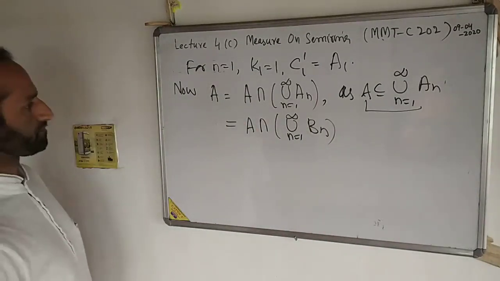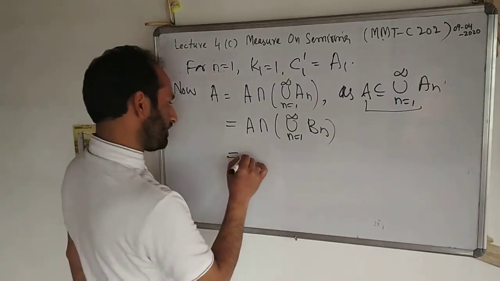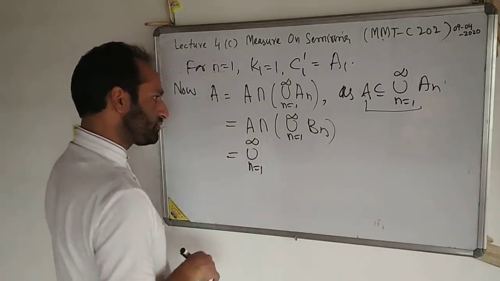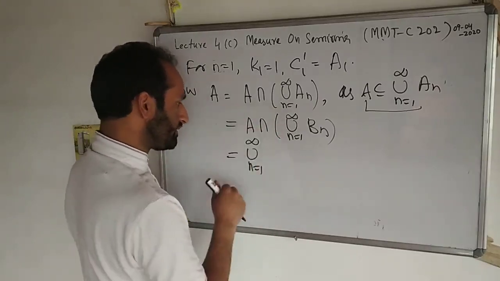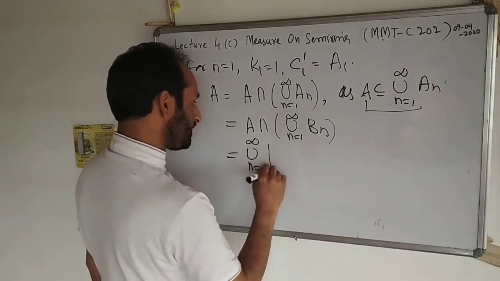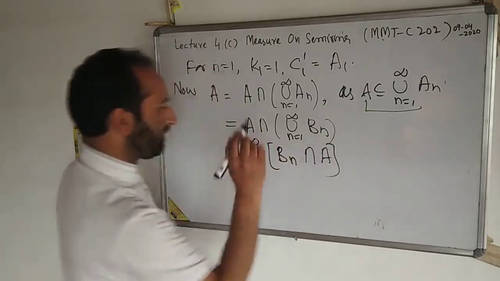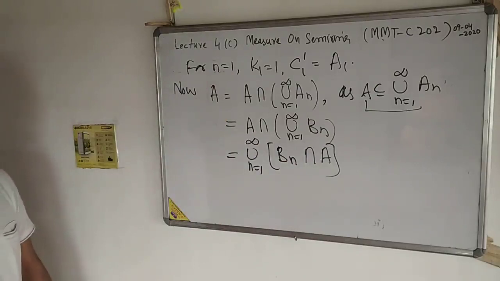And that's equal to union n runs from 1 to infinity, by distributive law of intersection over unions, it's the union of these sets B_n intersection A. Now what's B_n?